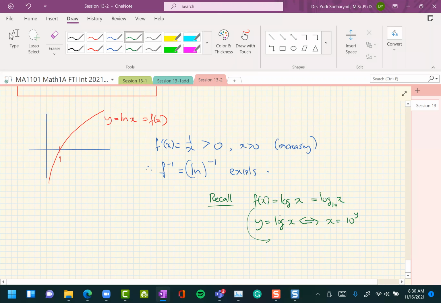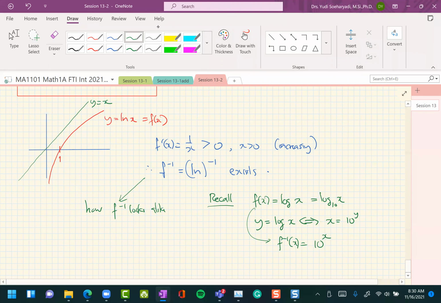So this case is 10 to the x. How does it look like? All right, so that's easy because if this is y equals x, then this should be the mirror image of this graph.